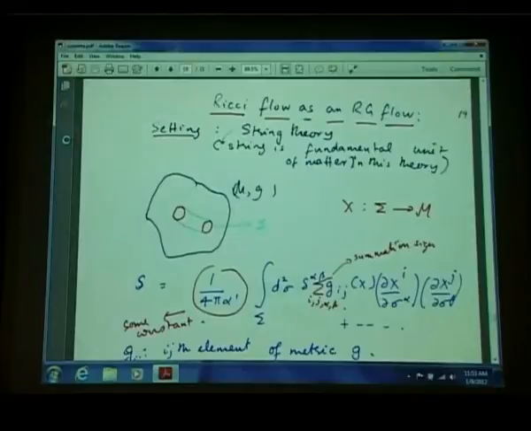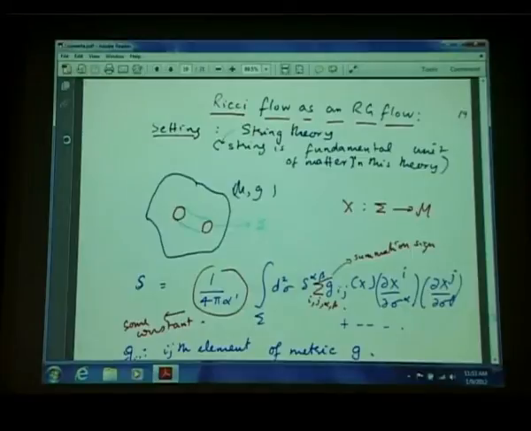Now I want to tell you that Ricci flow actually arises in a physical system as a renormalization group flow. The setting for this is a theory in physics called string theory, which has not been experimentally verified yet. In this theory, the starting conjecture is that the most fundamental unit of matter is a string of this type, a closed string or an open string.